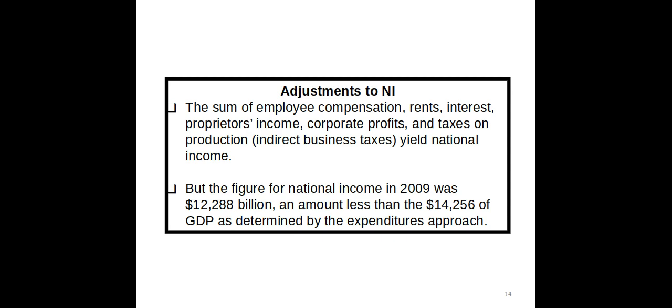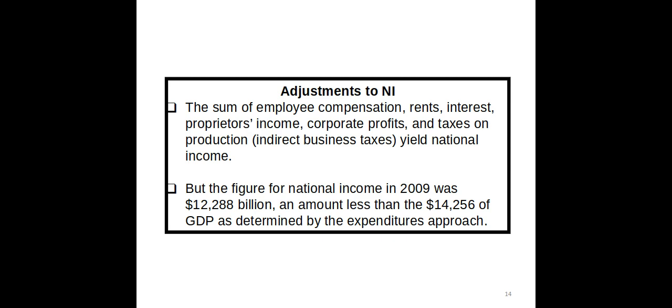So at the end of the day, we add up employee compensation, rents, interest, profits, and those indirect business taxes. And we are not going to get anywhere near what the expenditure approach tells us GDP is. You can see in 2009, we were off by $2 billion, give or take.